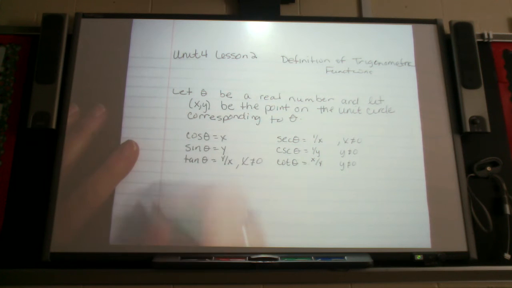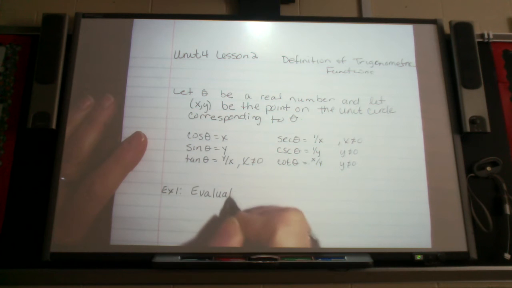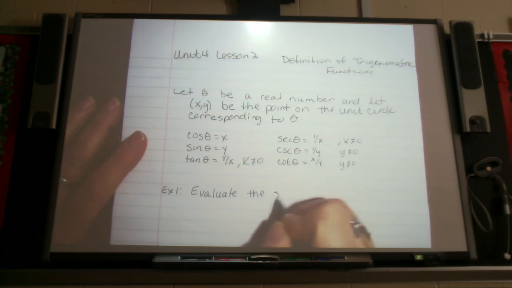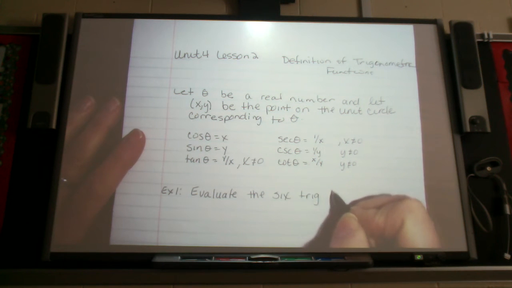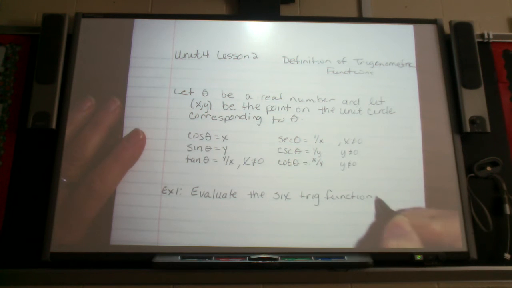And example 1: evaluate the 6 trig functions at each real number.